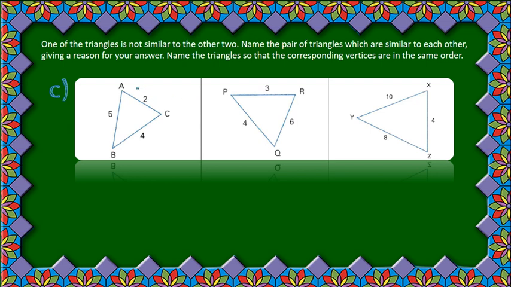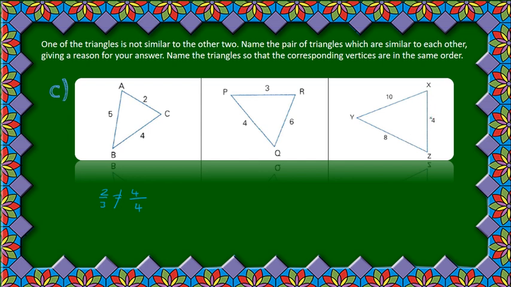The smallest side over the smaller side is 2 over 3, and then the second smallest, BC, is 4, over this one's second smallest, which is also 4. So these proportions are not equal to each other. Let's move on to this one.